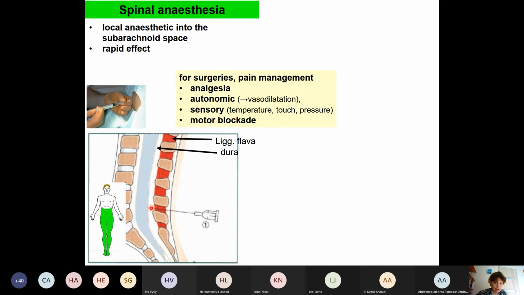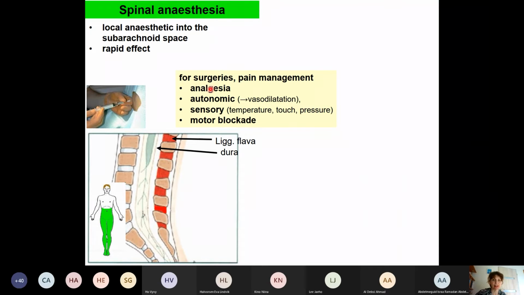A needle must be inserted through the ligamenta flava and then through the dura, and then if you inject a local anesthetic into the subarachnoidal space, we have spinal anesthesia, which will have a rapid effect because it mixes with the cerebrospinal fluid, and the rootlets will then be anesthetized for purposes of surgeries or for pain management.